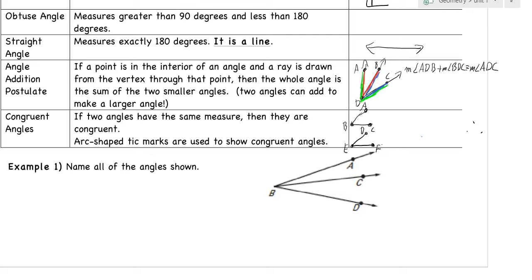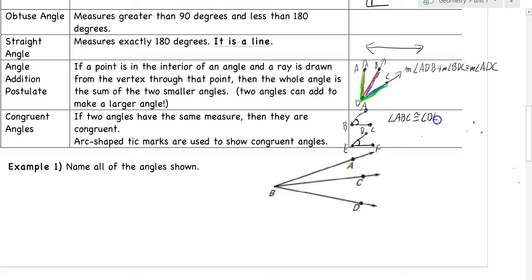We mark those in diagrams with arc-shaped tick marks, which I like to call swoops. They have to have the same number of swoops. So if they're marked congruent, we know a symbol for congruent, which we can still use here. It's going to be our congruent symbol every time we say two things are congruent.